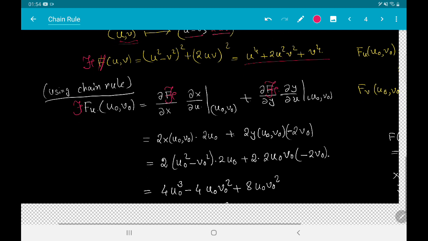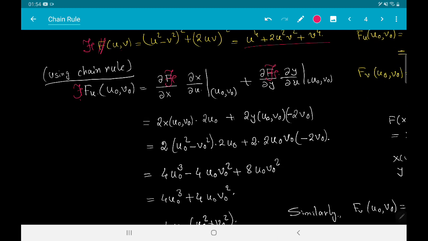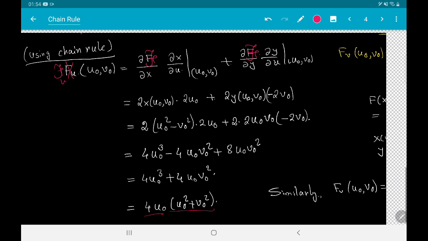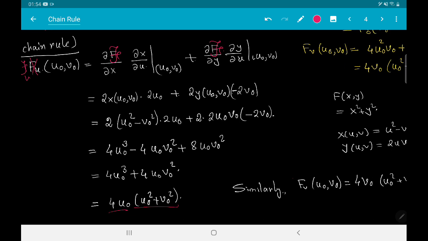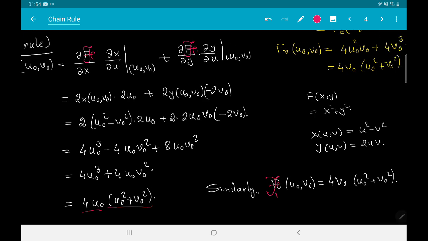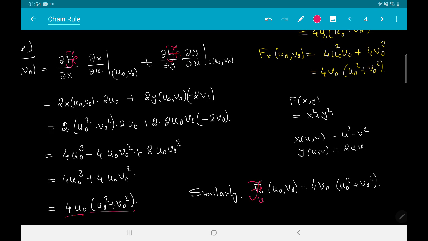You can easily check that script F_u turns out to be equal to 4u₀ times (u₀² + v₀²), and similarly, if you go through all the calculation, F_v will turn out to be equal to 4v₀ times (u₀² + v₀²).